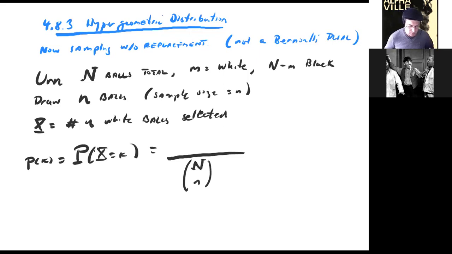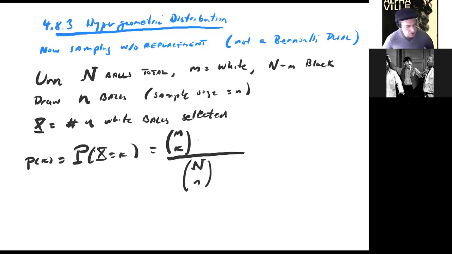Those are the total number of ways of choosing little n balls from a set of big N balls. Now, how many ways can we choose K white balls? Well, there are M white balls in the urn, and we're choosing K. So this is the number of ways of choosing exactly K white balls from the urn.